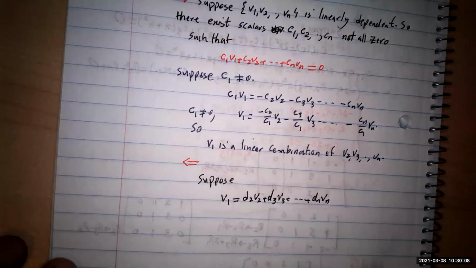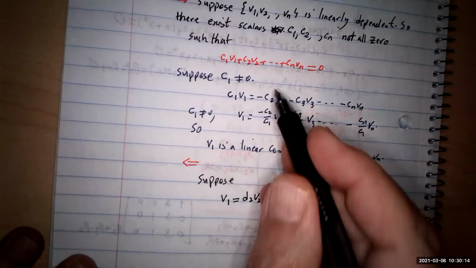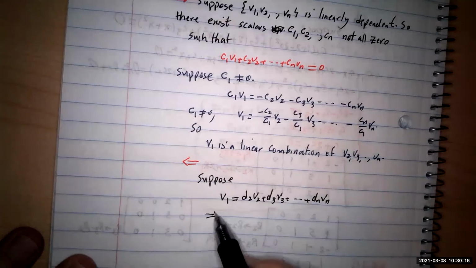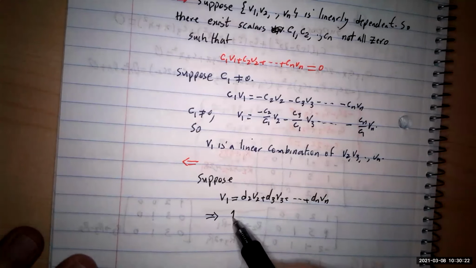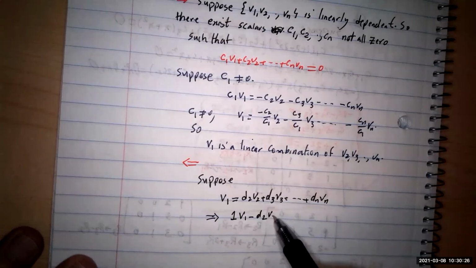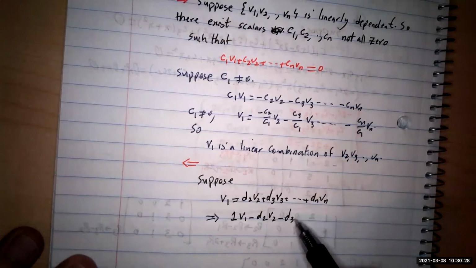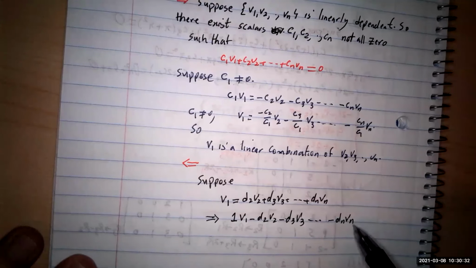Remember, you want to prove that all the vectors are linearly dependent. So move them to one side, like the one that we did over there. This would be 1 times V1 minus D2 V2 minus D3 V3 up to negative Dn Vn equal to 0.